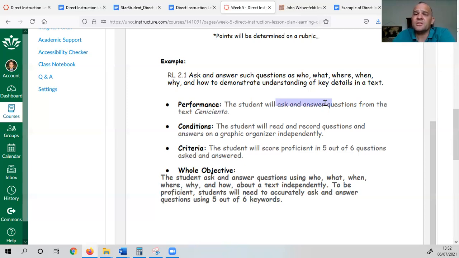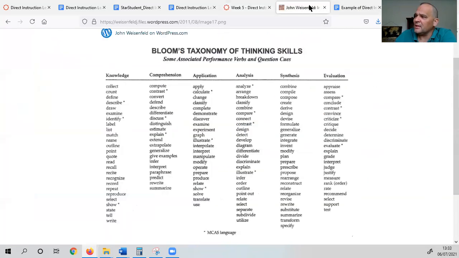So examples of strong action verbs are analyze, explain, describe, compare. These are strong action verbs. I have provided in Module 2 a whole list, it looks like this, of action verbs that you can use when writing objective statements that are connected to the Bloom's taxonomy, all right?